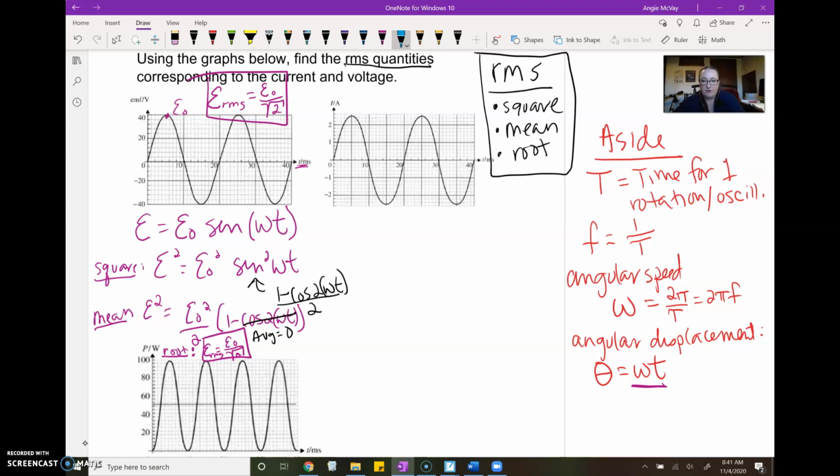All right, for current, similarly, going through the same process, the current RMS is equal to the maximum current over the square root of 2. Fun fact, you don't have to do that derivation that I did ever again. I just wanted to show you how we got there instead of just throwing equations at you.